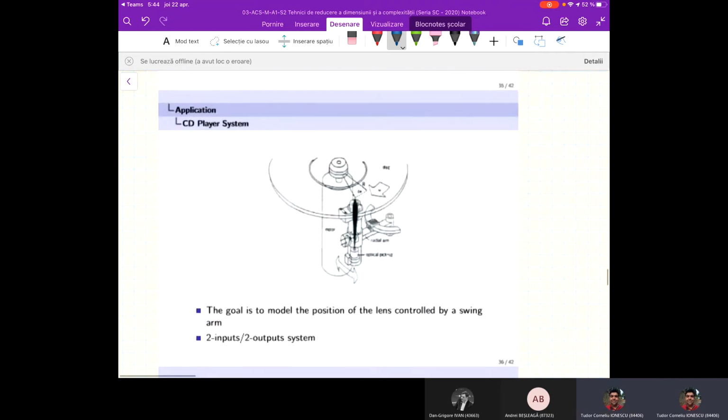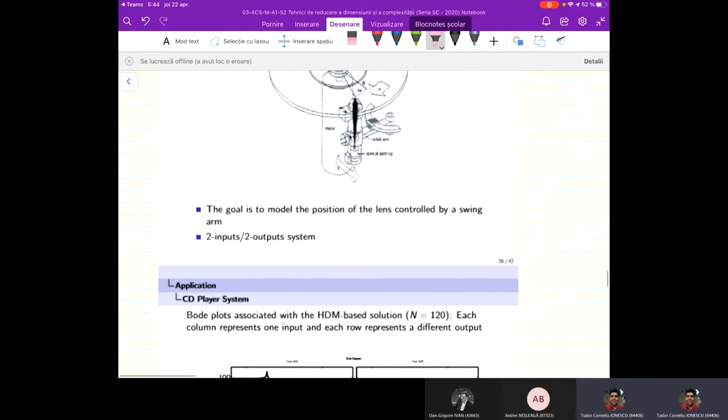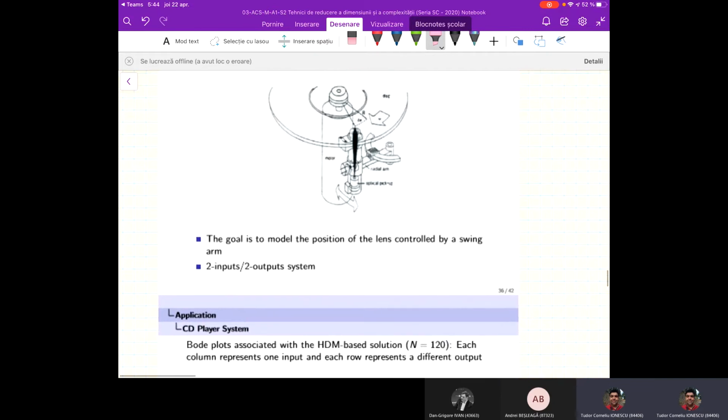All right, and then you have an example here. It's exactly your example from the assignments. It's the CD player example. The goal of this model is to model the position of the lens controlled by a swing arm. This is a 2x2 system, so this is not single input, single output.